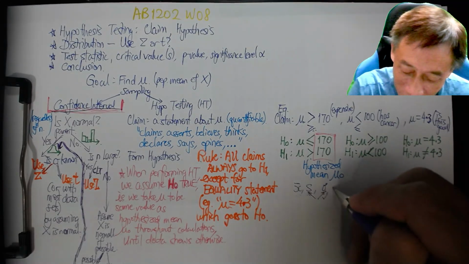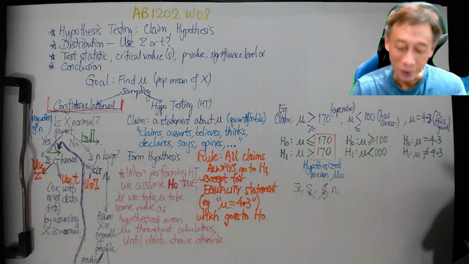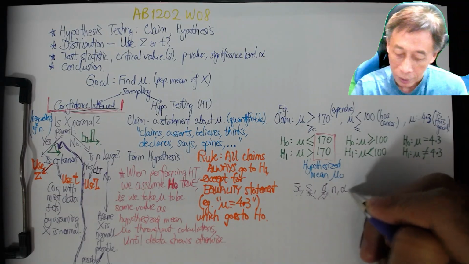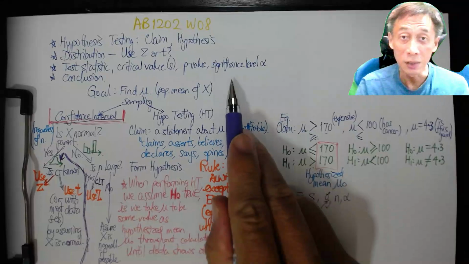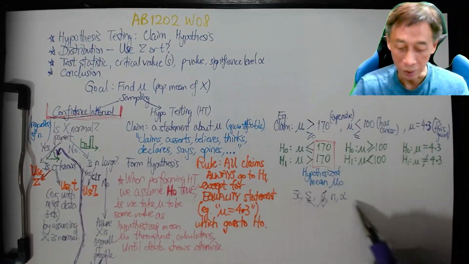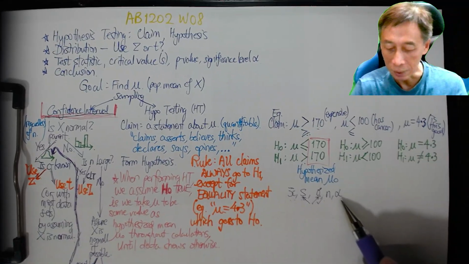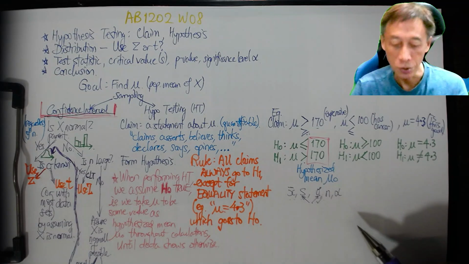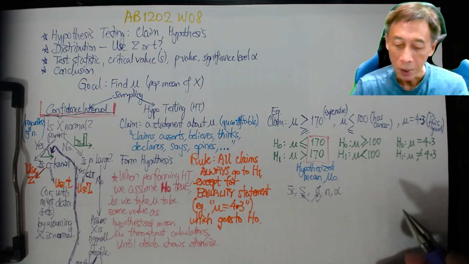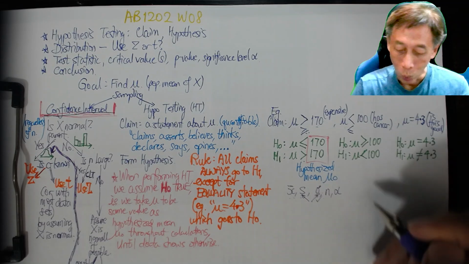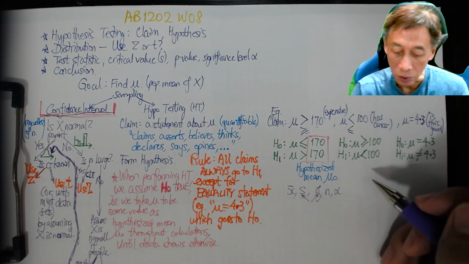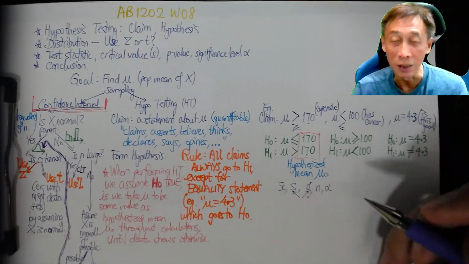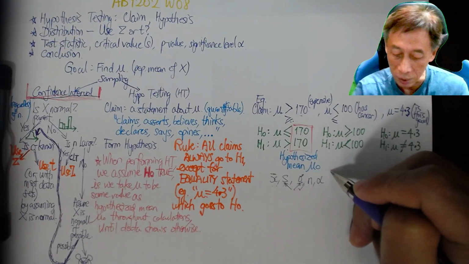Then you're given the sample size, of course, right? And you are also given alpha, the significance level. Okay, in a while I will show you where this is. And that would be the input that we need. So whether it is Z or T, we'll use these cooking ingredients to calculate the test statistic.